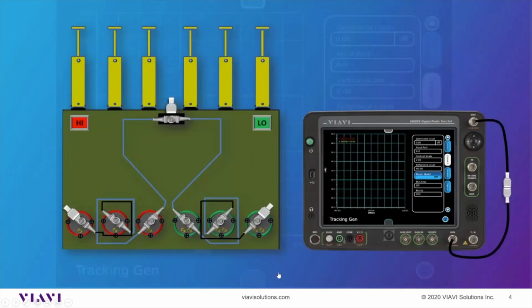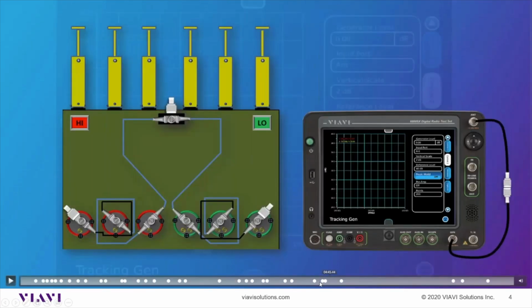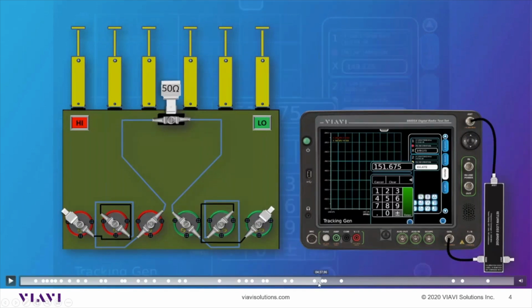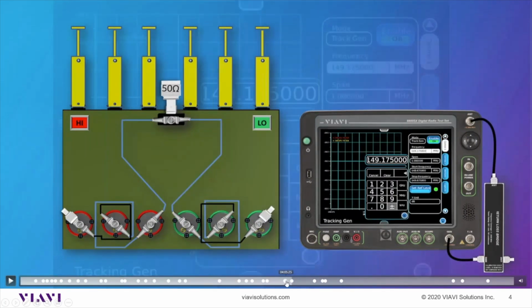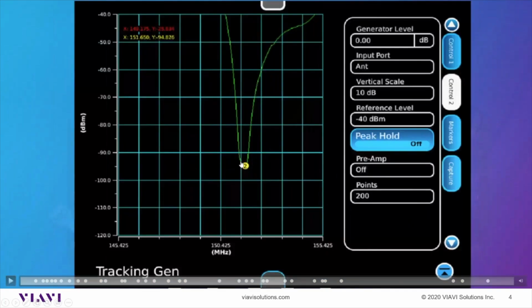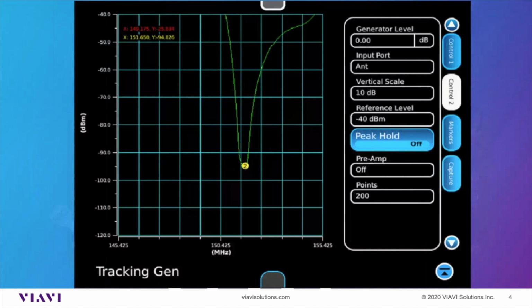Sorry about that. Okay, so there is our notch, and it is sitting at negative 94.86. So if you remember, the noise floor was just a little bit below that, and so that notch is out of the noise floor.